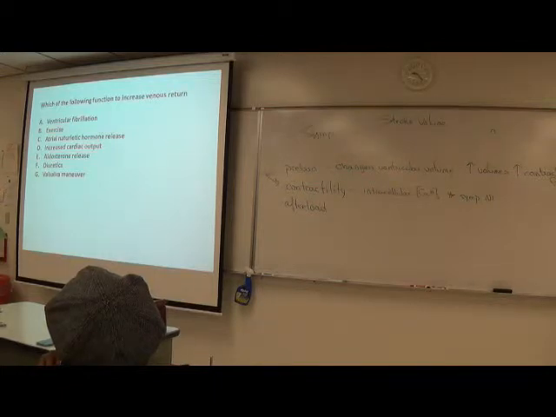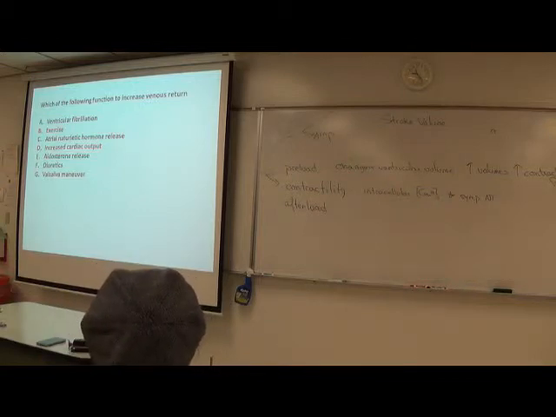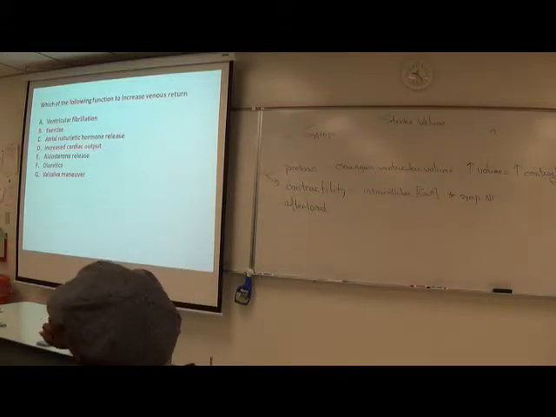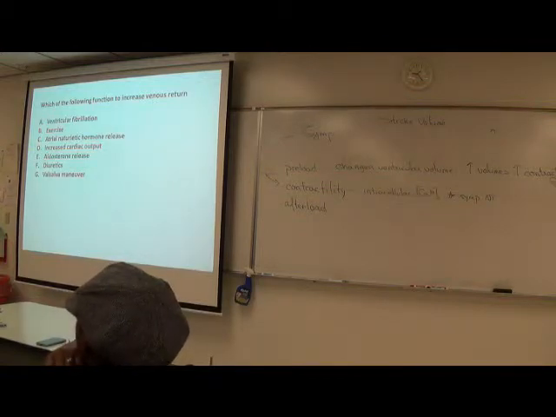Aldosterone. Does anybody know what aldosterone does? We mentioned it off and on, but we haven't been tested on it. Aldosterone is a hormone released by the adrenal glands. It does the opposite of atrial natriuretic hormone. It increases sodium reabsorption.